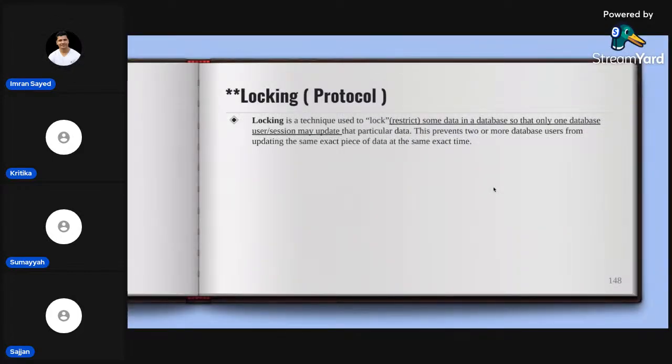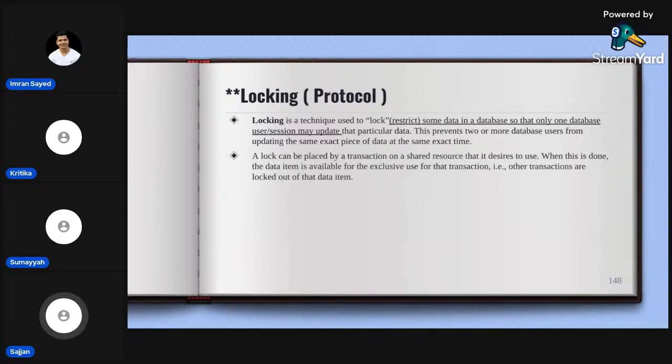Locking. Locking is a technique used to lock some data in a database so that only one database user session may update that particular data. This prevents two or more database users from updating the same exact place of data at the same exact time. A lock can be placed by a transaction on a shared resource that it desires to use. When this is done, the data is available for the exclusive use of that transaction.